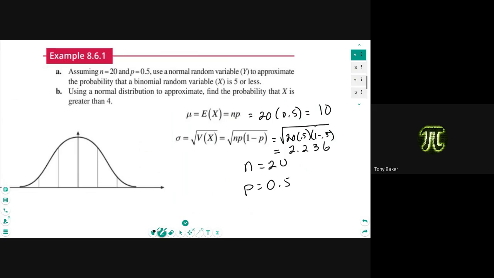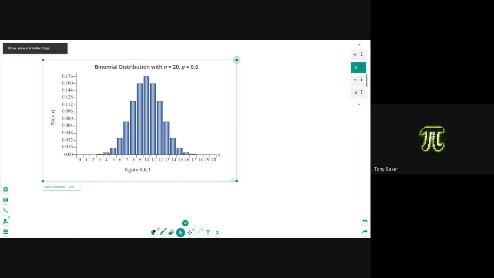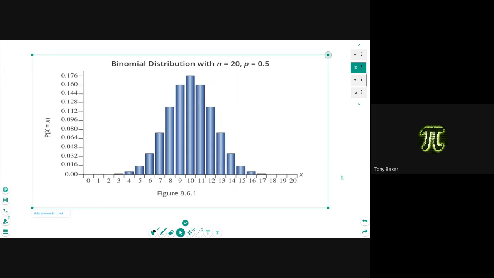So typically when we're looking at a binomial distribution, we're looking at something that looks like this. This is what it would look like. So a histogram of values, and they each have their percentages.